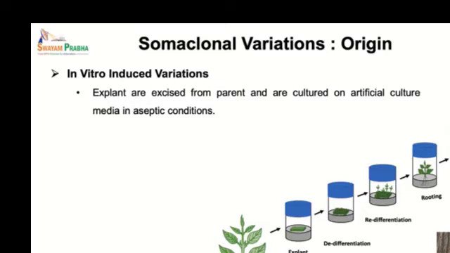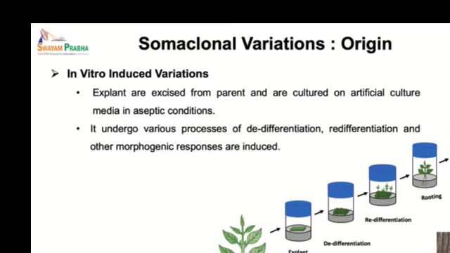And any variations that will be caused or introduced during the culture from now on are called in vitro induced variations. So the explant tissues undergo various processes of regeneration like dedifferentiation and redifferentiation to generate the different organs and other morphogenetic responses. Basically, the differentiated cells in the explants are induced to dedifferentiate to make the callus cell. Callus is the mass of undifferentiated cells.